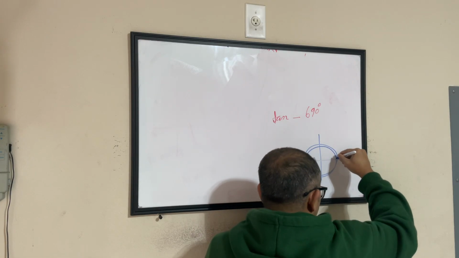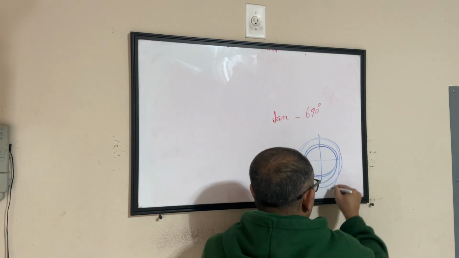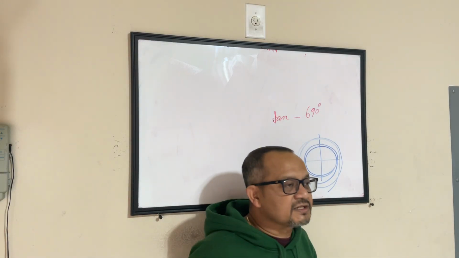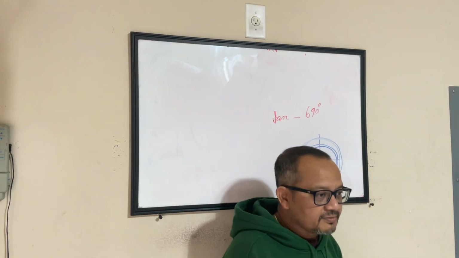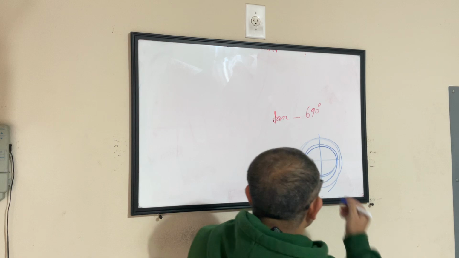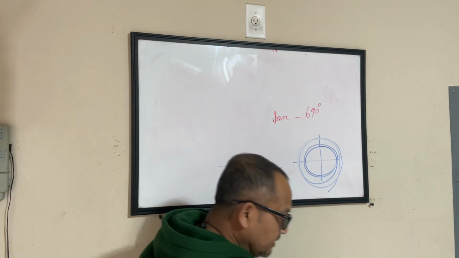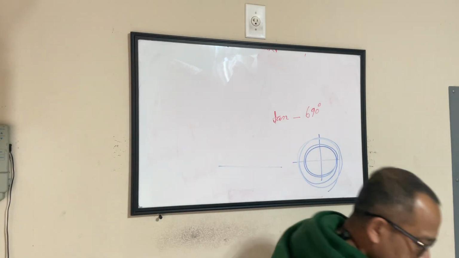I count negative when I go clockwise. So if somebody says minus 690 degree or plus 690 degree, first thing I have to figure out is which way I am going and then where I am landing. And there's a difference. If you don't take that into account, there is a small possibility of big mistake.